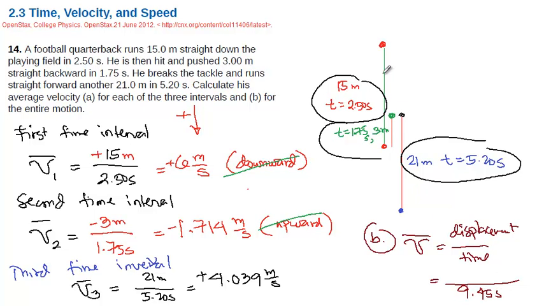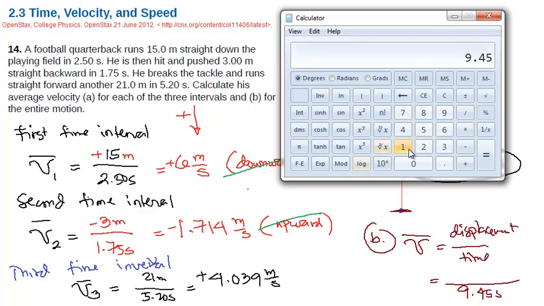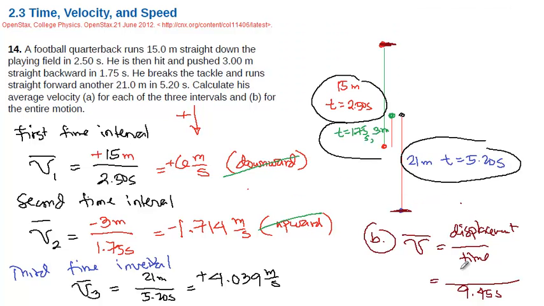During that time, the change in position starts from here and ends here. So this will be 15, then moving back by 3, so now 12, then moving forward by 21. That will be 12 plus 21, which is 33. So all in all, the quarterback was able to move 33 meters down the field during that time interval.